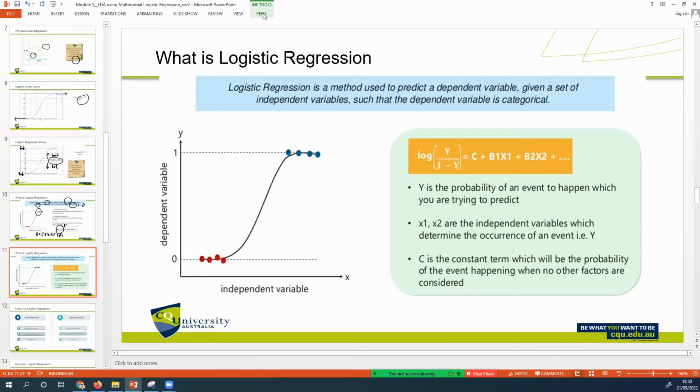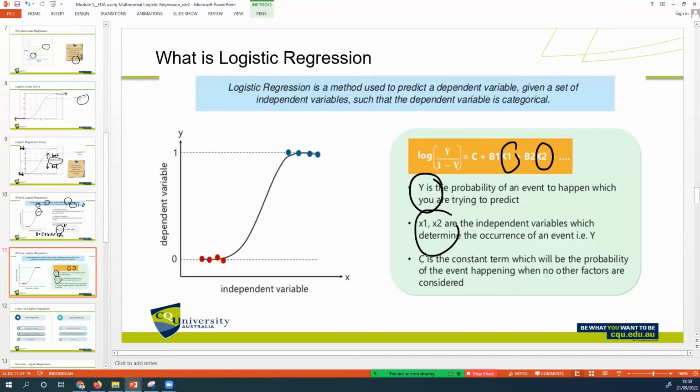So y will be the probability of an event to happen which you are trying to predict, whether it is 1 or 0. x1 and x2 are the independent variables which determine the occurrence of an event.